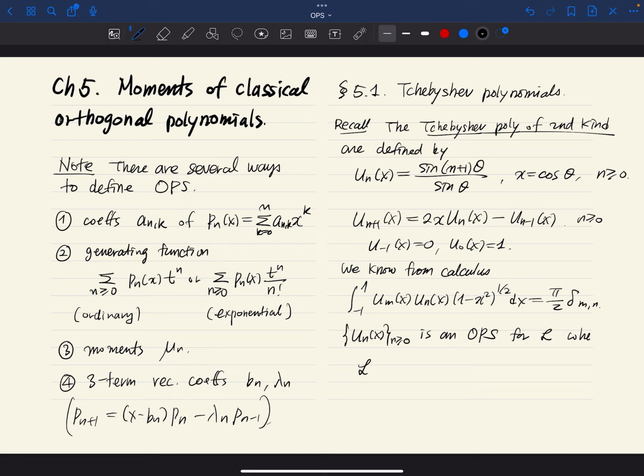But let me define L, where we want this to be 1. So instead of using this, we will divide by this, so that we get L of 1 equals 1.